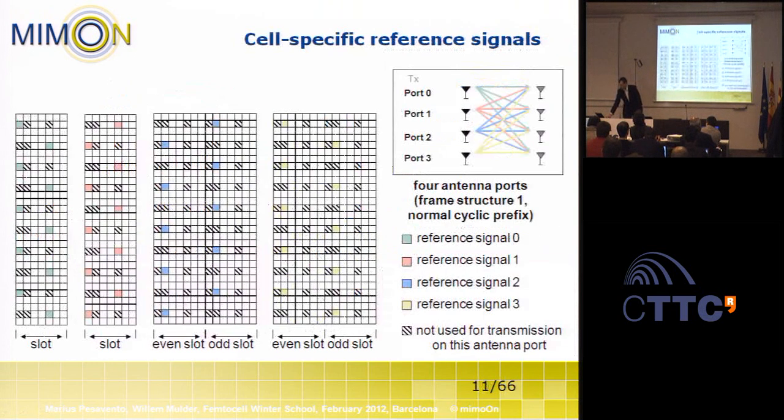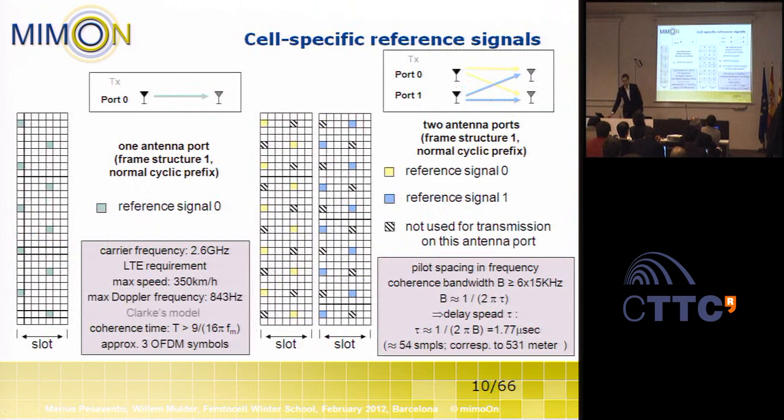In order to allow channel estimation in MIMO, in LTE we have pilot symbols included on particular resource elements, so on particular subcarriers. They are known pilot signals that are transmitted. Now we have to distinguish different system configurations.